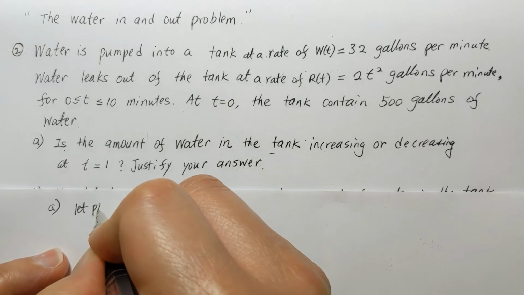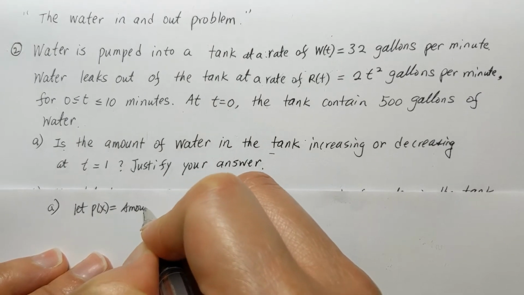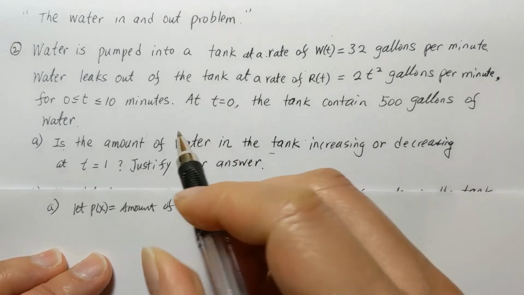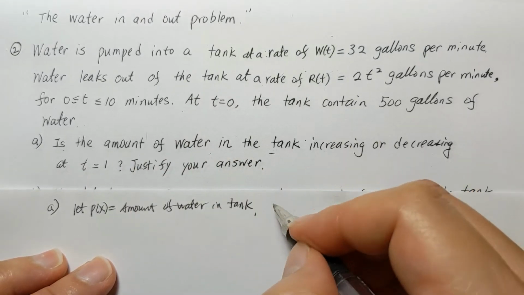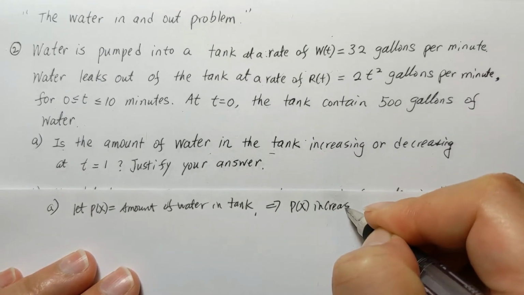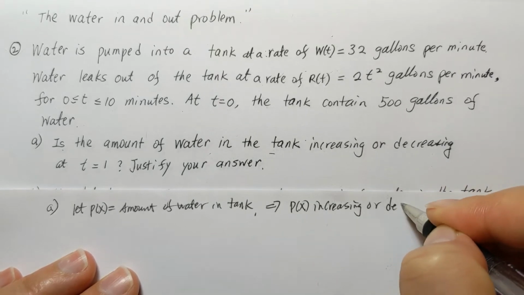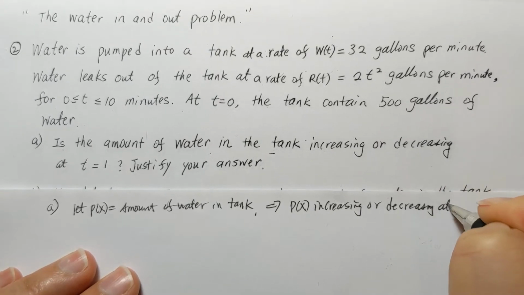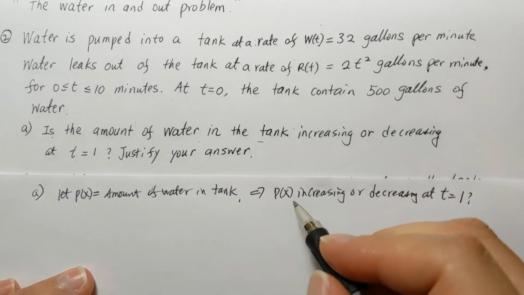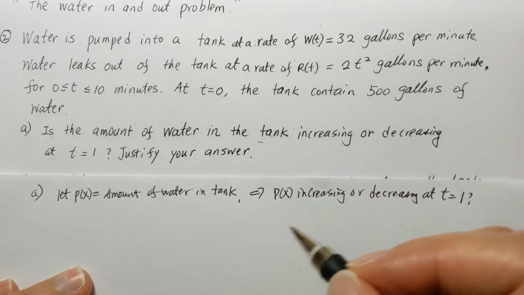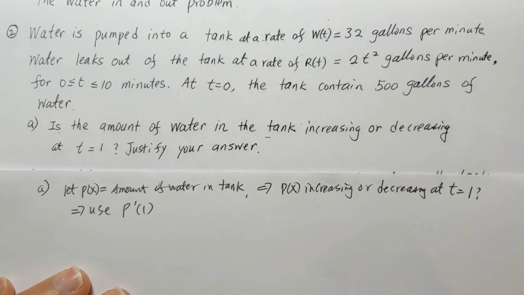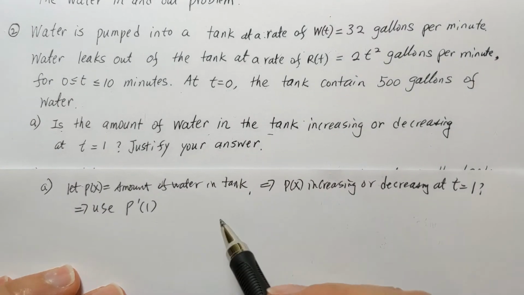So if you let P(x) equal the amount of water in the tank, then increasing or decreasing means P(x) increasing or decreasing at t equal 1. For increasing or decreasing of a function, we're going to use the first derivative. So we have to use P prime of 1. Okay, so that is the idea behind the question.